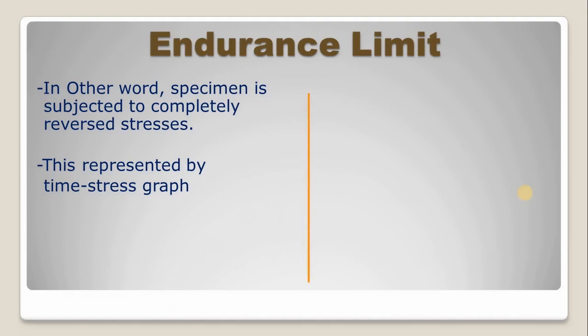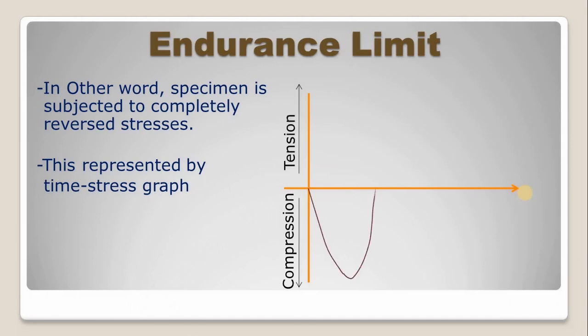So we are plotting time on the x-axis and stress on the y-axis, which will be compression and tension. One complete cycle is completed by the compressive stress, which is sigma minimum, meaning the minimum stress, whereas the other half cycle is completed by sigma t, meaning tensile stress, which is called the maximum stress.